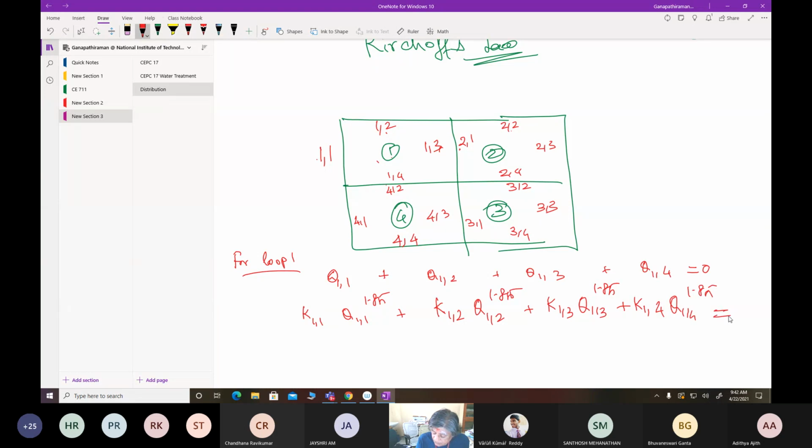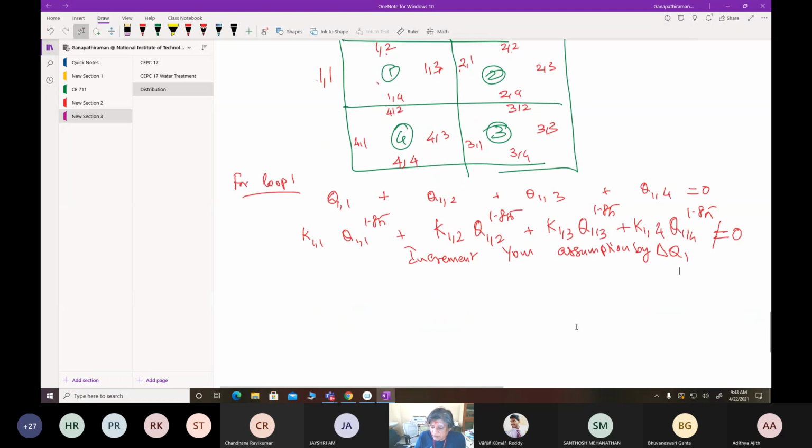If it is equal to 0, then it satisfies Kirchhoff's law. In that case, what you assumed is correct. If it is not equal to 0, increment your assumption by delta Q1.